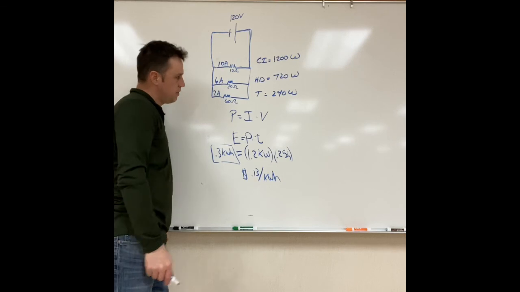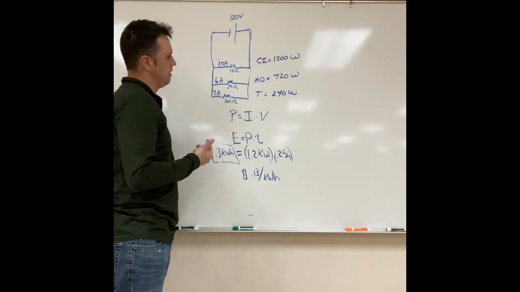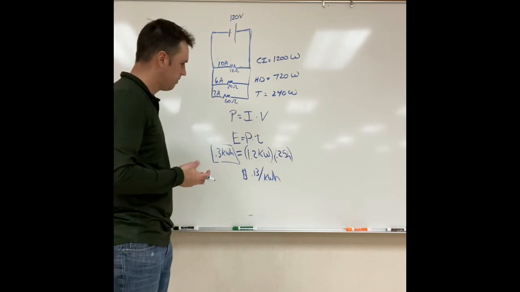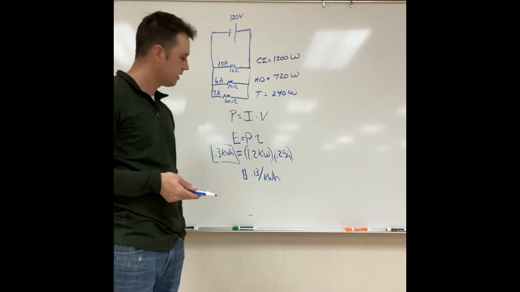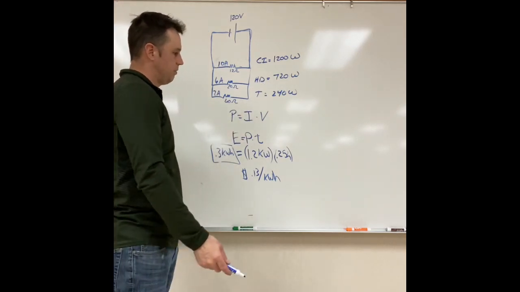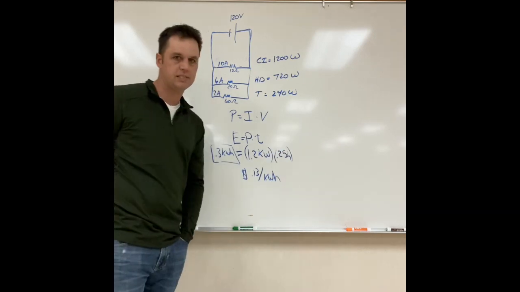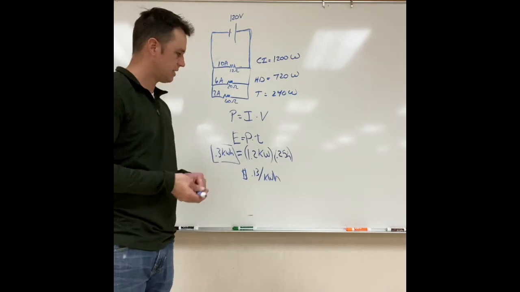So for each of these devices, the 720 watts, let's say that I have the hair dryer running for an hour because I got a lot of hair to dry. Then I would use 720 watt hours or 0.72 kilowatt hours, and then I would multiply that by 13 cents. So that's how you find the cost of electricity.